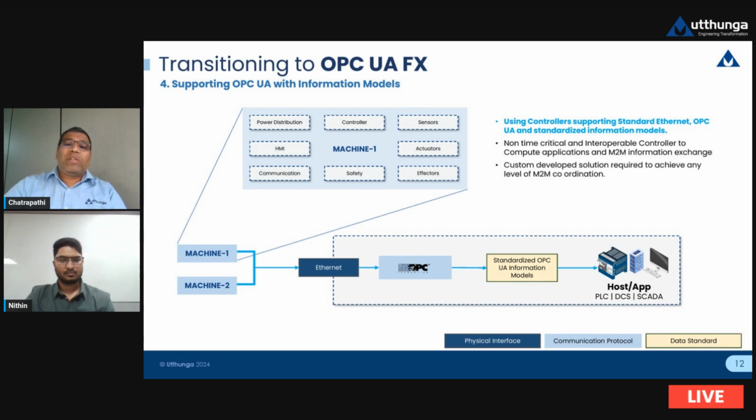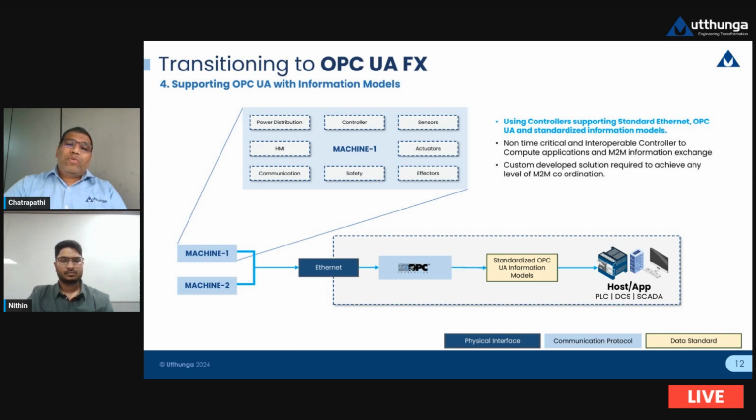So for example, if you take plastic and rubber machinery for extruders, within the extruder there are different types of components. So for the whole thing, there are several information models that have been defined. For packing machines, there are information models that have been standardized with PackML and so on.